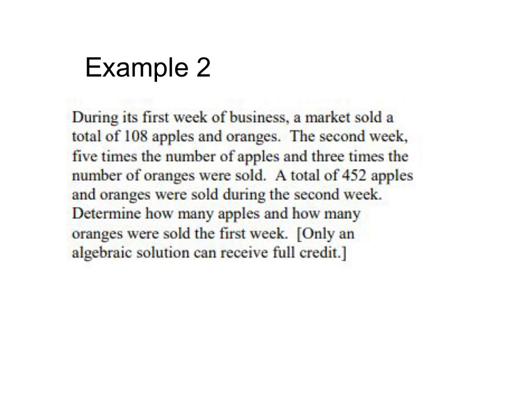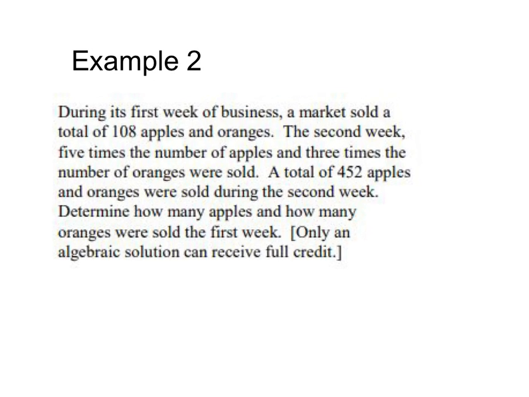So example number 2 says during its first week of business, a market sold a total of 108 apples and oranges. Okay, the second week, 5 times the number of apples and 3 times the number of oranges were sold. A total of 452 apples and oranges were sold during the second week. Okay, so basically I have week 1 and week 2.